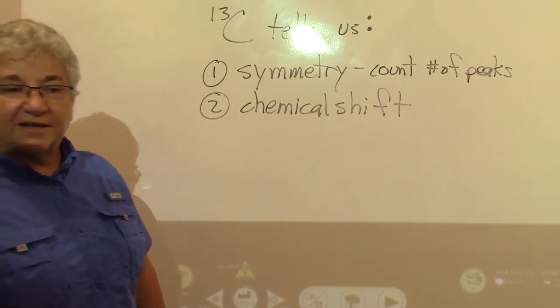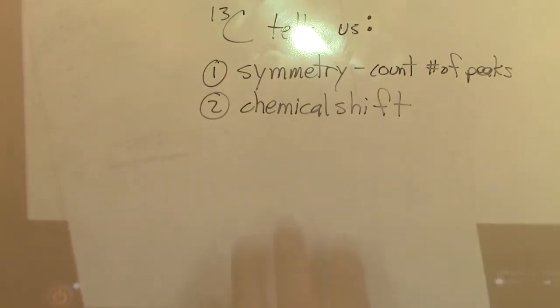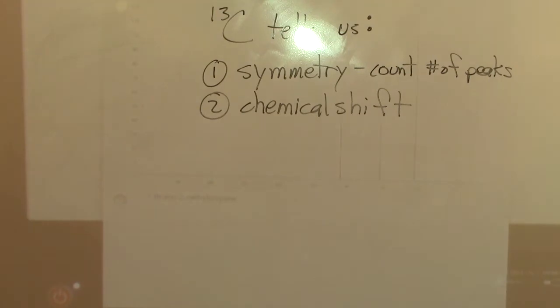So all of that said, let's practice some problems. The next page in your notebook should be one that says exercise 1 on the top of it. It shows you a spectrum that has 3 peaks, and it gives you the name of the molecule: 1-bromo-2-methylpropane.